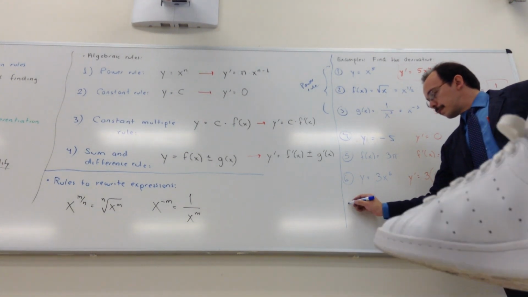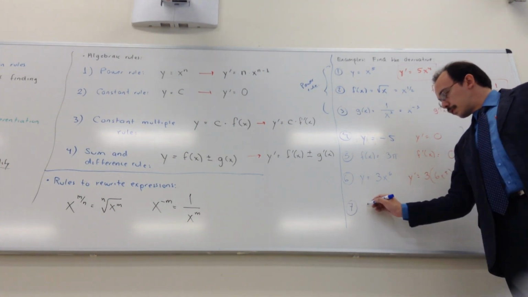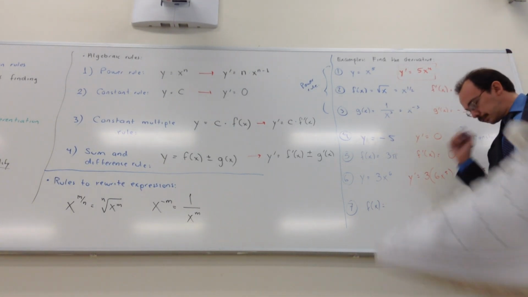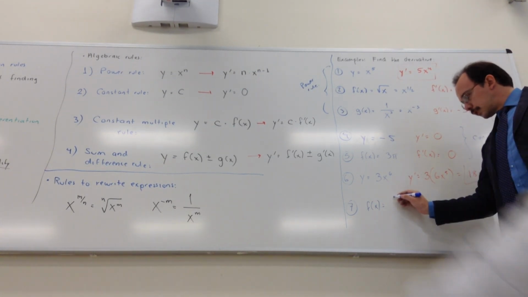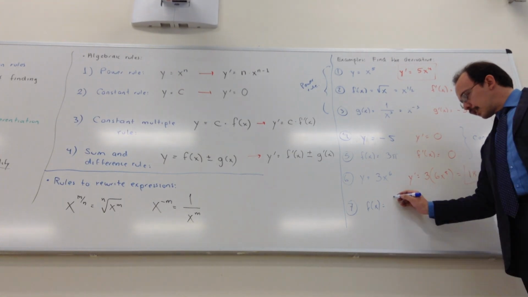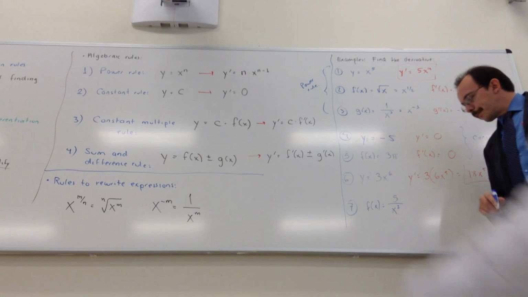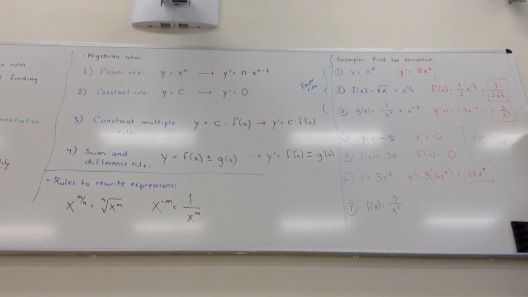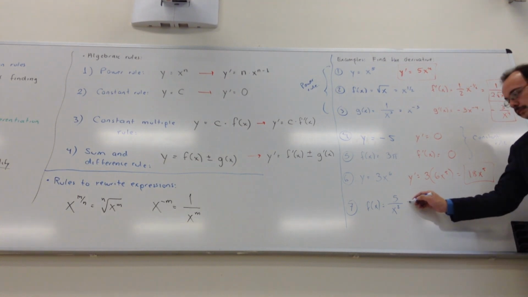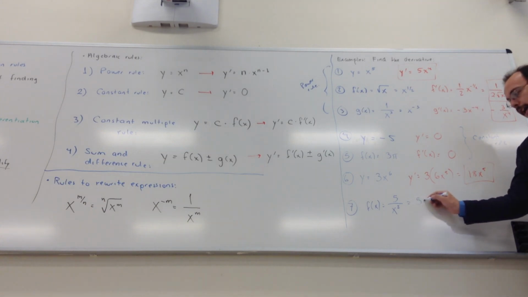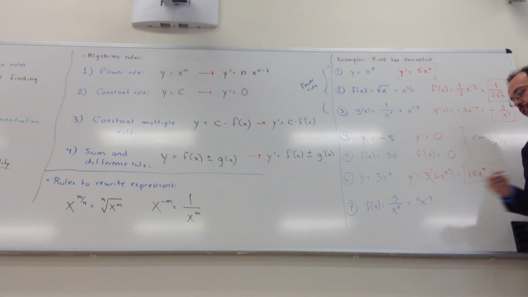Another example. Let's say 5 over x squared. What happens here? Can I rewrite this? How do I rewrite that? 5x to the minus 2.